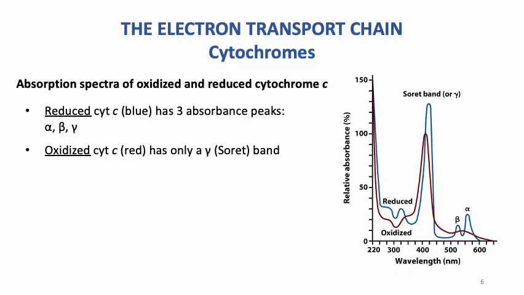For example, as you will see later, in complex 3, there are 2 b-type cytochromes, one that absorbs maximally at 562 nanometers, referred to as b562 or BH, the high potential, and another one that absorbs maximally at the wavelength 566 and is referred to as BL or b566.